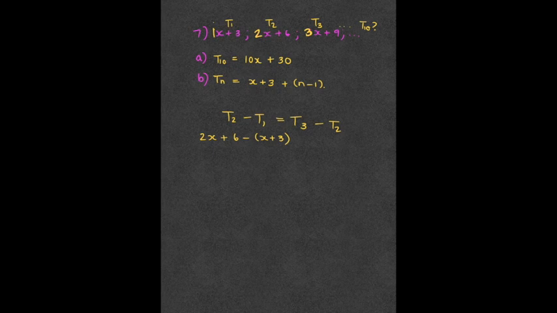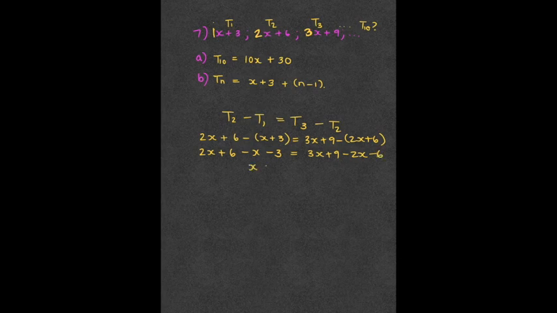So I went term 2 minus term 1. Important, the brackets here is equal to term 3, 3x plus 9, minus term 2, which is 2x plus 6. Right, let's simplify each side. 2x plus 6 minus x minus 3 equals 3x plus 9 minus 2x minus 6.